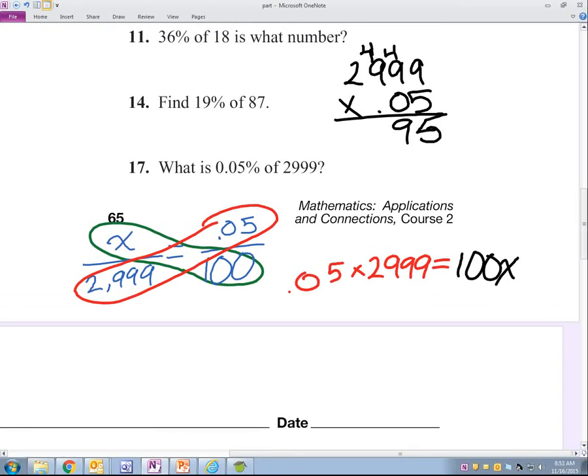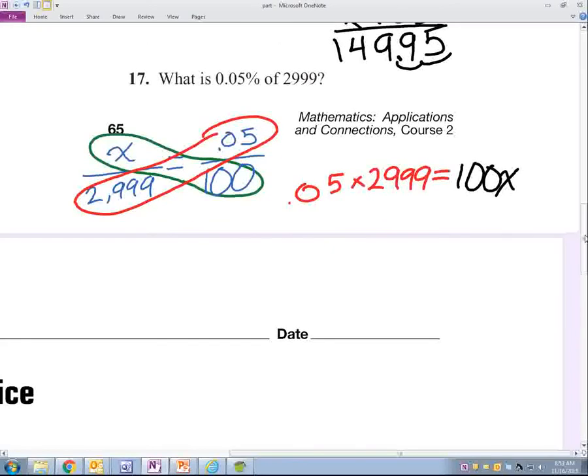But let's work it out because not everybody knows how to do it yet. 2,999 times 5 is 14,995. And there are 2 decimals here, so that means 1, 2. 149.95 equals 100x. I have to now do what? What's my next step? Divide by how many, Mr. Wilgus?